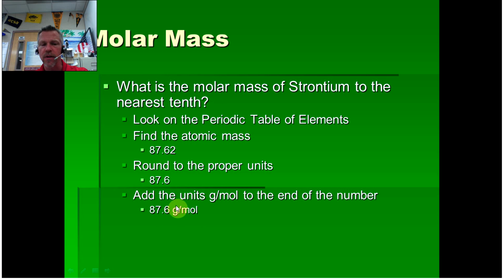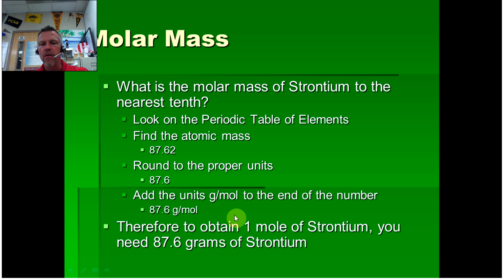So we add the units of grams over mole to 87.6 to get the molar mass for strontium of 87.6 grams per mole. All right. So if you needed to obtain 1 mole of strontium, you would need to weigh out 87.6 grams of strontium. That's how many grams of strontium it takes to make 1 mole of strontium atoms.